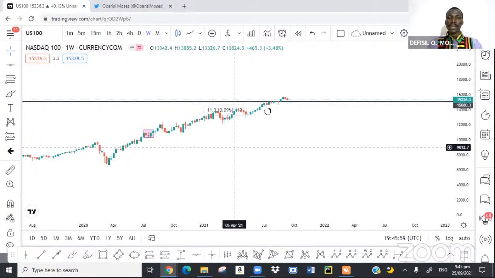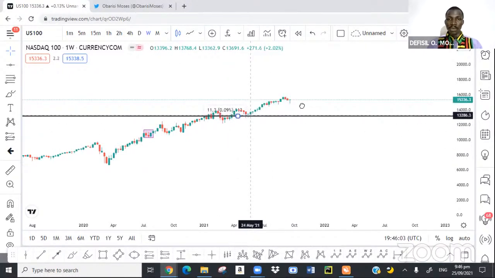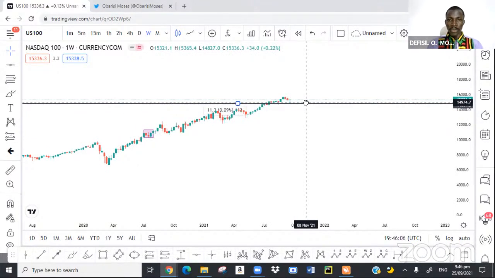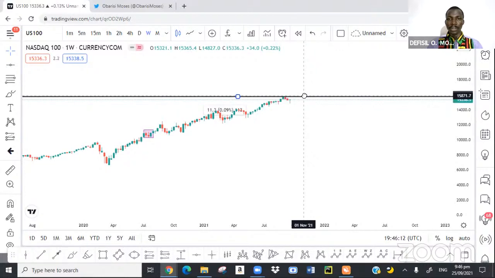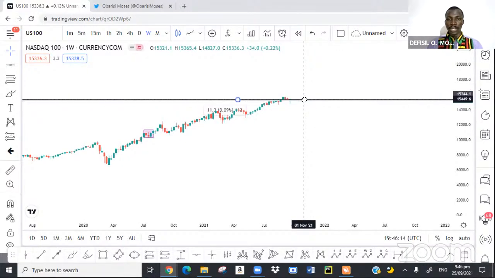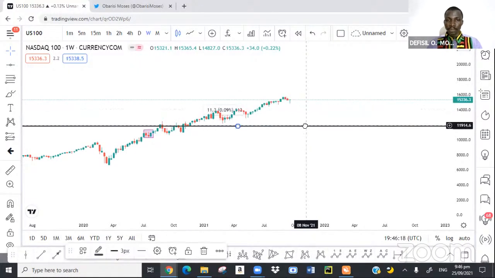So this level where we have a flat line, you can see that previously there was a strong battle at that point and it formed a flat top before it broke up. Now the market traded down again to meet that level and it reversed, which means that level is a stronger support area.